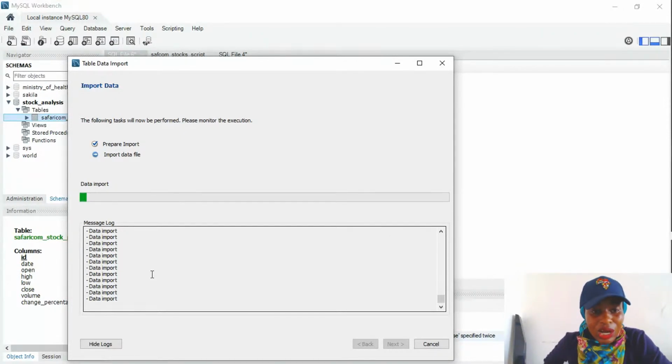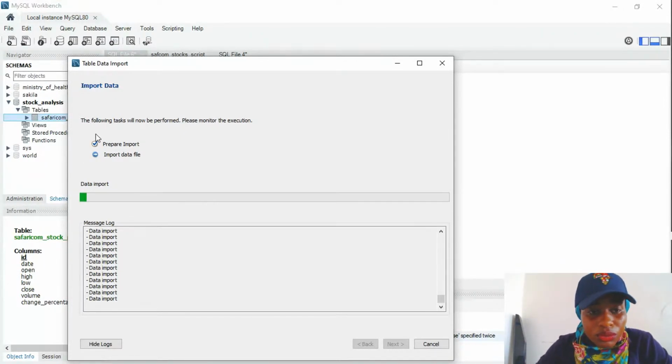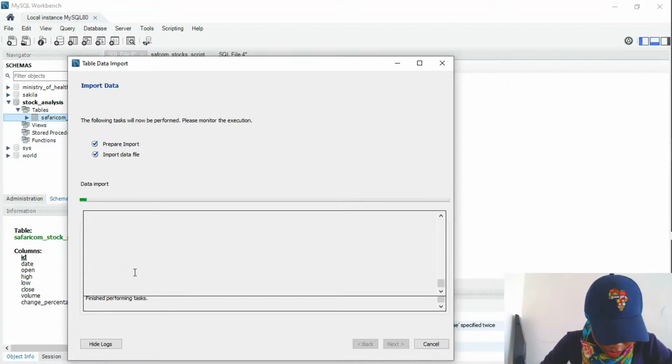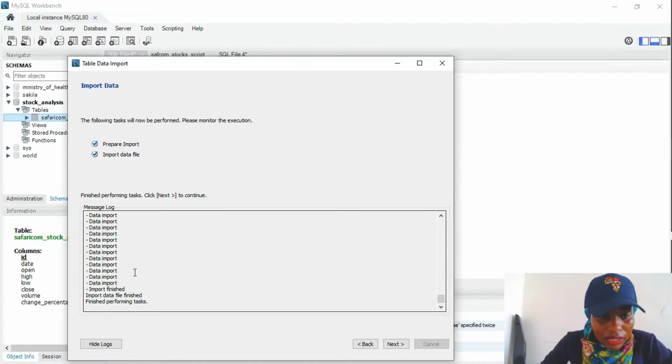But maybe you can counter check your data types and ensure that they correspond with the data types within the data file that we have. Kindly do that and get back.